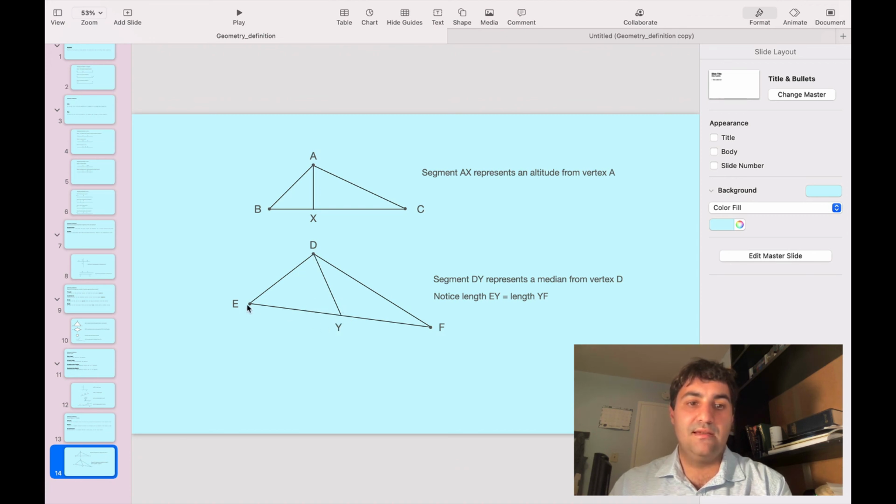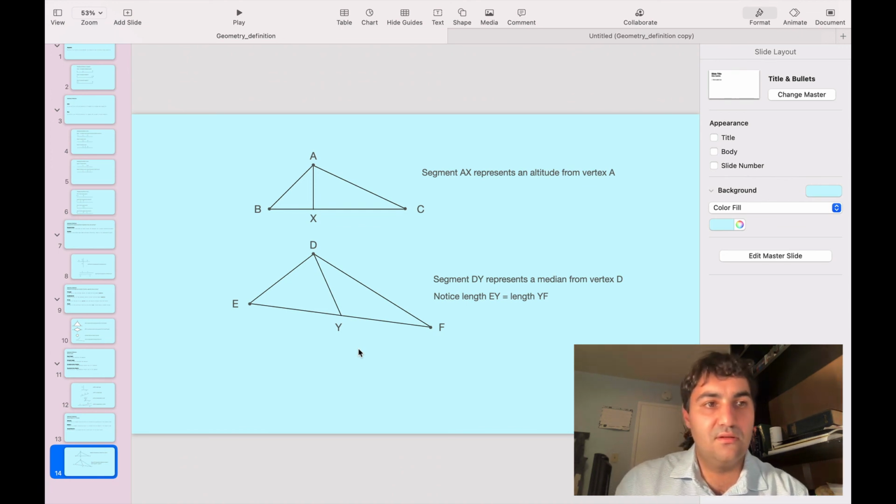In this case, segment EF is the opposite side of vertex D, and Y is the midpoint. So this distance EY is equal to YF. These two segments are equal length, and you just draw a line from point D to this midpoint, point Y.